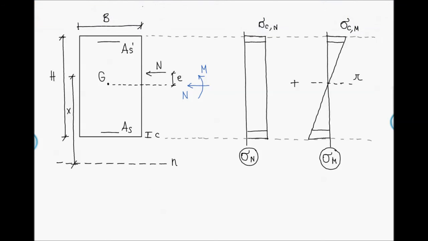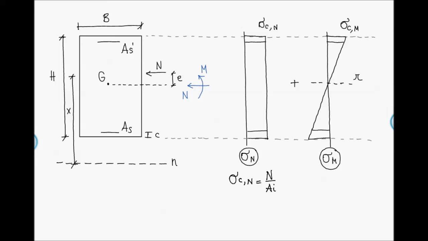In particular, we have that sigma Cn, because of the presence of the axial load, is equal to N over Ai, as in the case of a cross-section subjected to uniform compression.